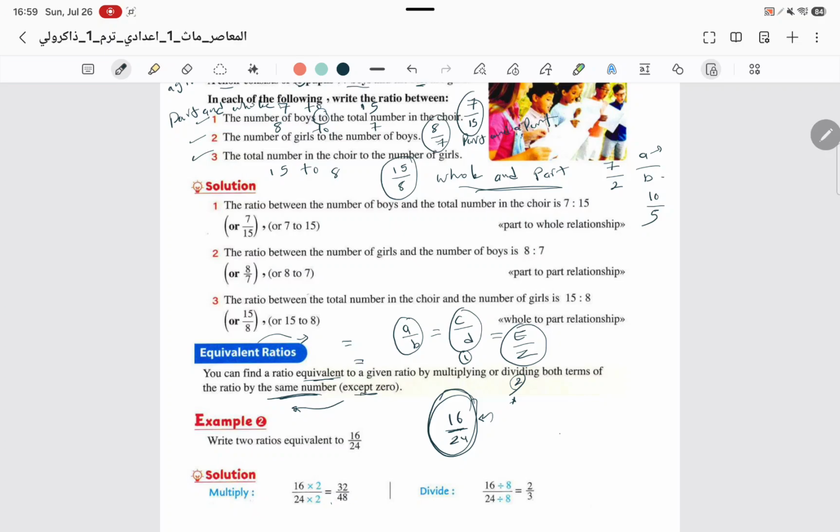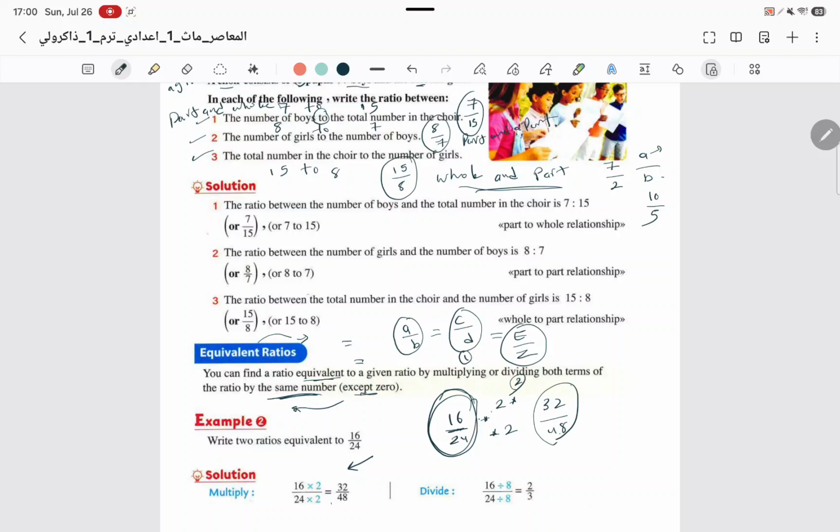We can multiply the 16 and the 24 by 2, for example, which is the first one he had here. So if we multiply 16 by 2 and 24 by 2, we will get 32 over 48.